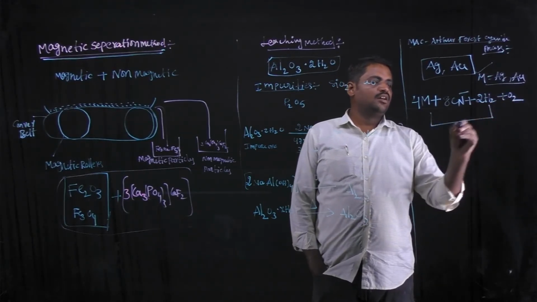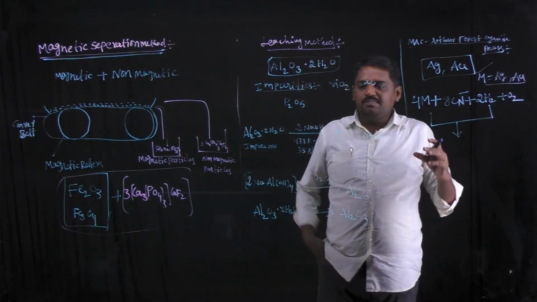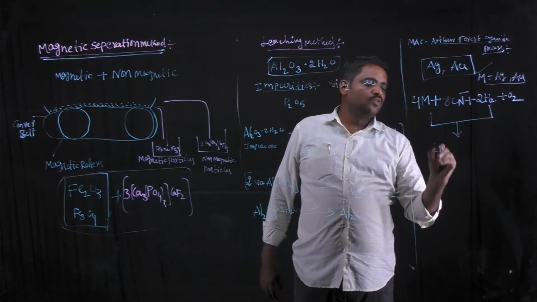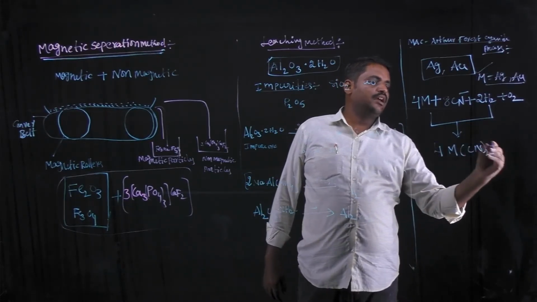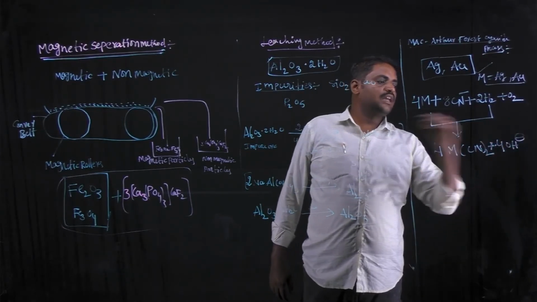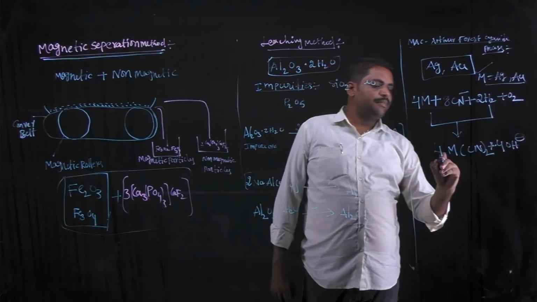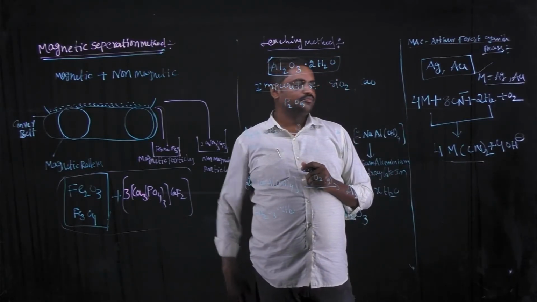The metal binds with cyanide to produce metal cyanides, like 4MCN twice, and the remaining molecules are converted to hydroxyl ions. This is a metal cyanide.